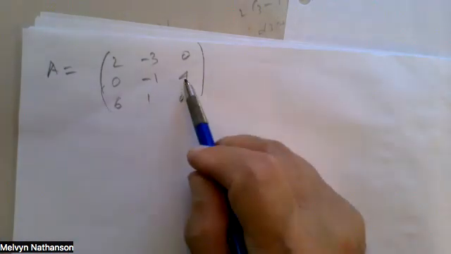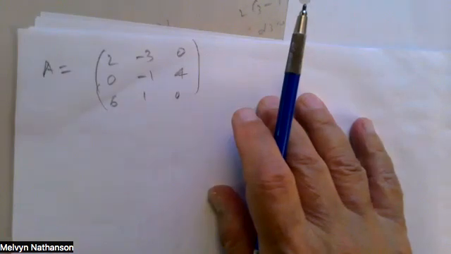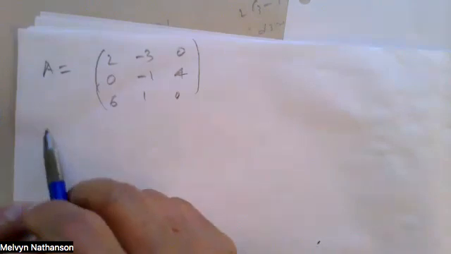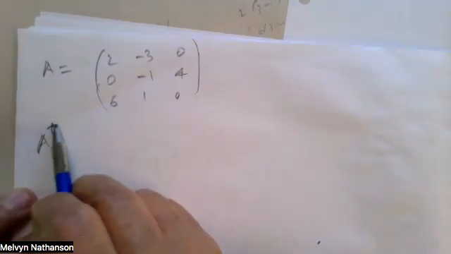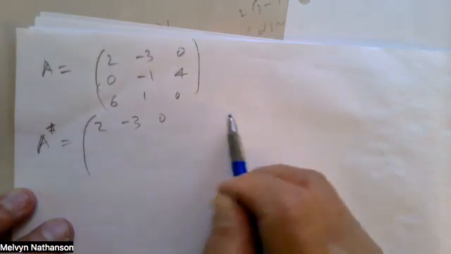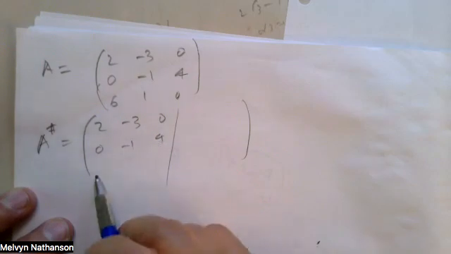So my method is double the matrix by adding the identity to it on the right and put that new thing in reduced row echelon form. So let me call this A sharp, say. So this is going to be 2, minus 3, 0, 0, minus 1, 4, 6, 1, 0.